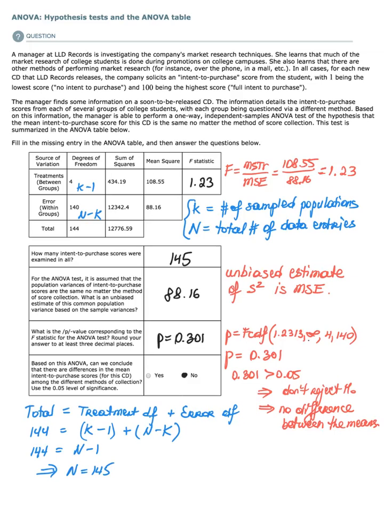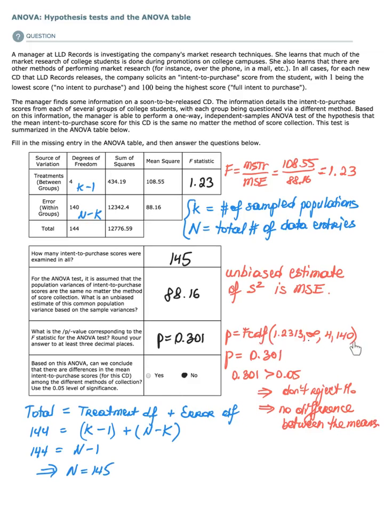Please notice that I rounded the F-statistic to 1.23 within the table, but I wanted to be as precise as I could, so instead of 2 places I rounded to 4 decimal places my F-statistic, which comes from this ratio of MSTR and MSE, of course. I am looking for the area starting with this lower endpoint up to positive infinity with 4 and 140 degrees of freedom.